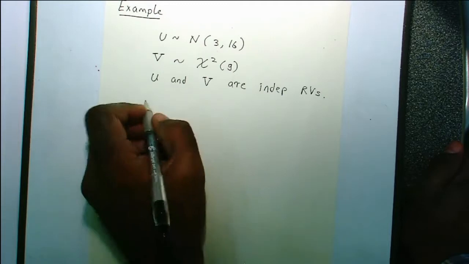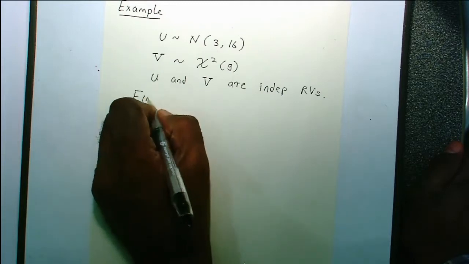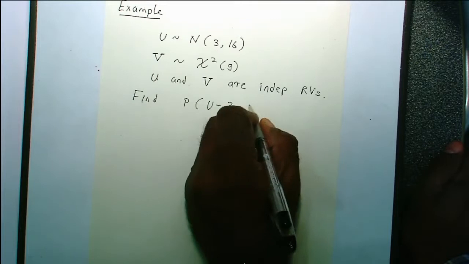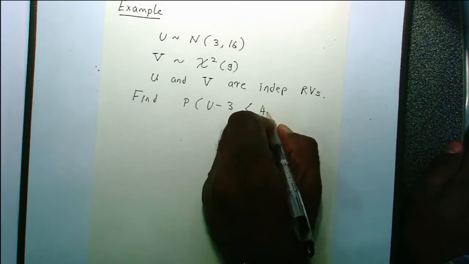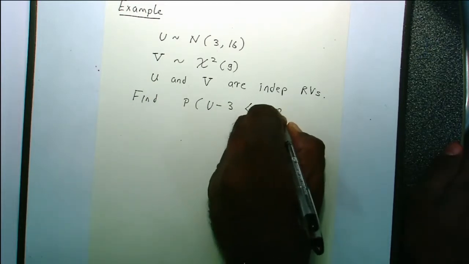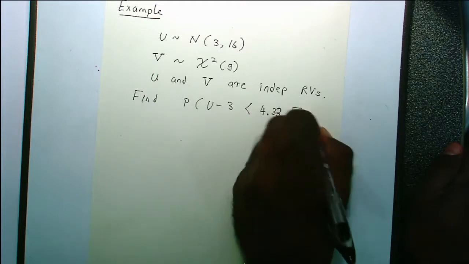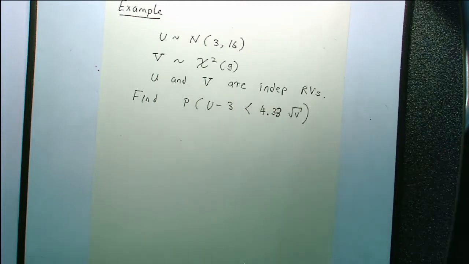The question is to find the probability that U minus 3 is less than 4.33 times the square root of V, right? Now, how would you do this?